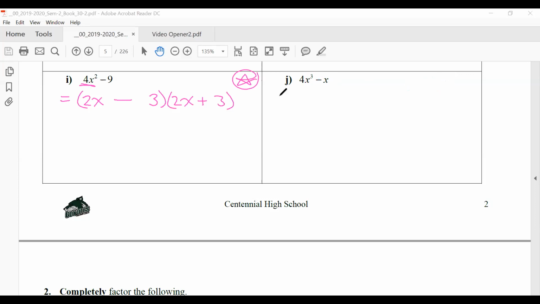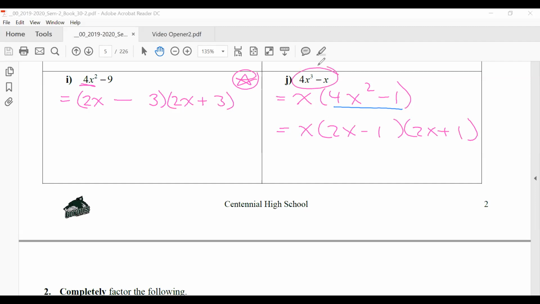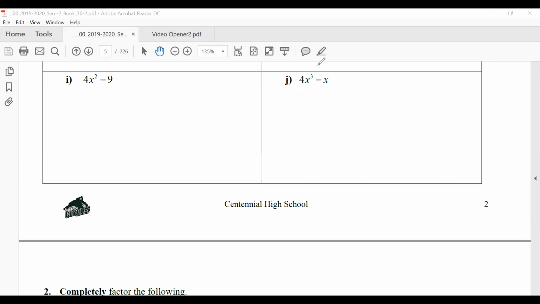Oh, my greatest common factor is x. Now I say to myself, hey, what's this right here? Difference of squares. So 2x minus 1, 2x plus 1. That's a pretty tricky one, but that's where we're going in Math 30-2.